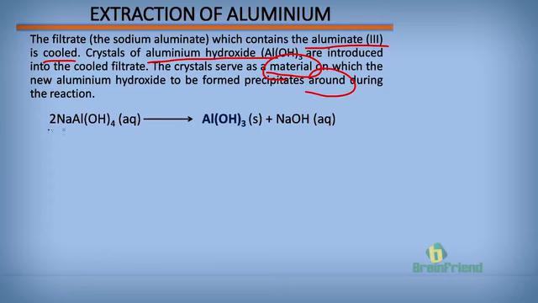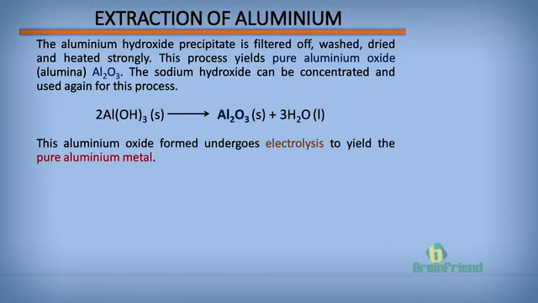So we have this sodium aluminate. When we add the crystals of aluminium hydroxide, we have aluminium hydroxide as well, precipitating out of the solution. And we have sodium hydroxide as another product there. So now this aluminium hydroxide precipitate is filtered off, washed. That is actually what we are looking for, the aluminium hydroxide.